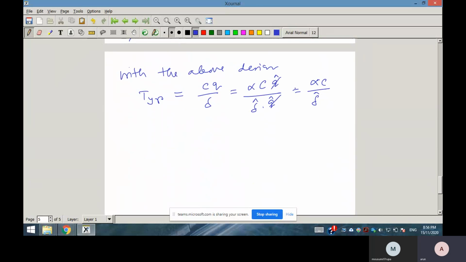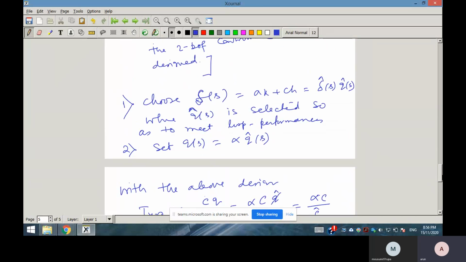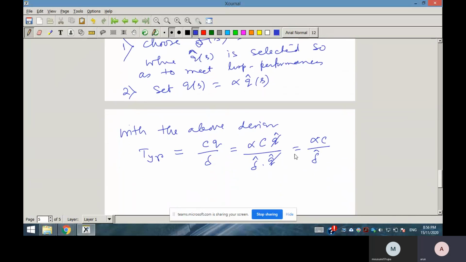That means same transfer function as we wanted to have, that we are getting with this setting. That means we get the desired reference input to output model.